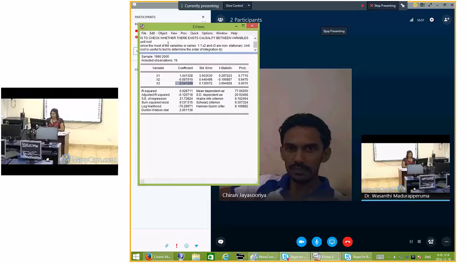Suppose two variables, y and x1, have a unit root at levels, but after first difference they become stationary.